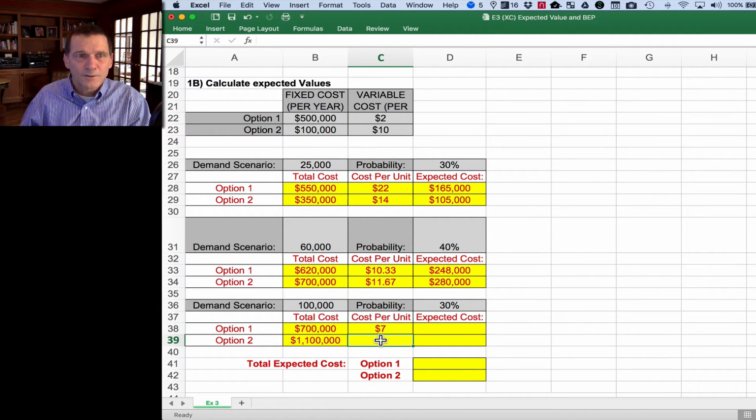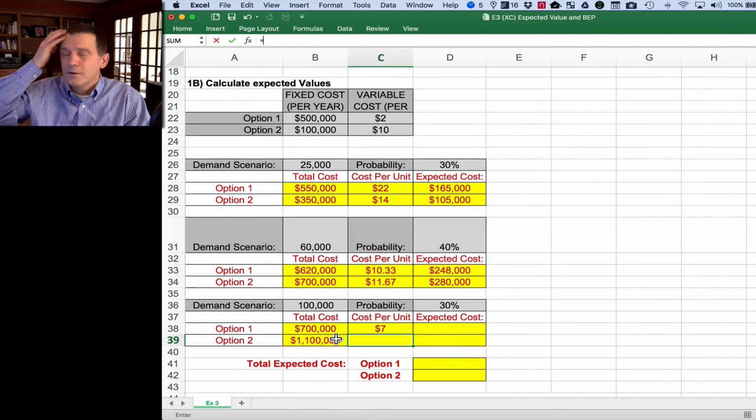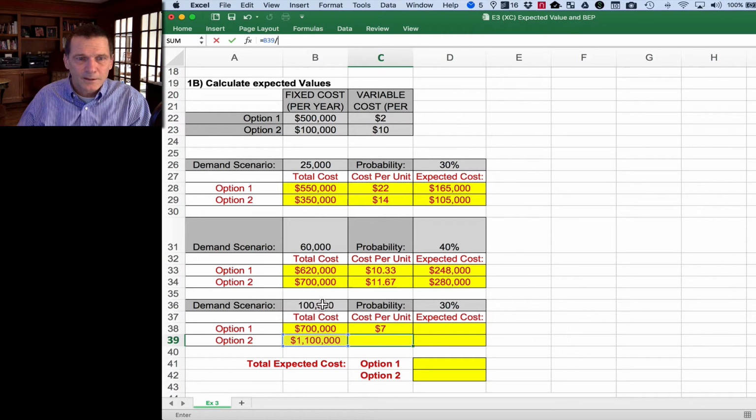Okay, I'm not sure why my formulas aren't always showing up in the cell as I type. Sometimes they do and sometimes they don't. Excel problem. Equals our total cost divided by the quantity.